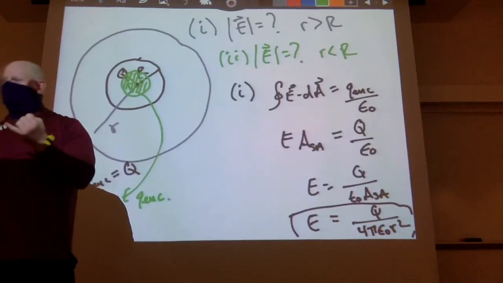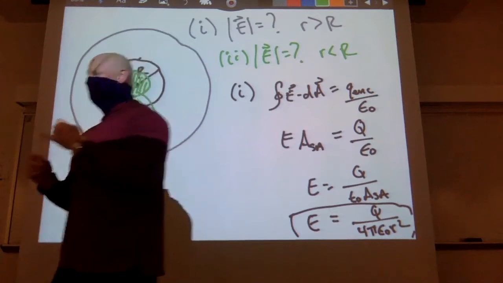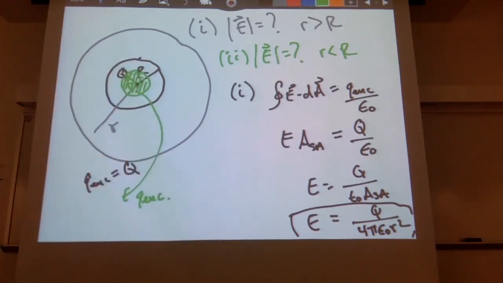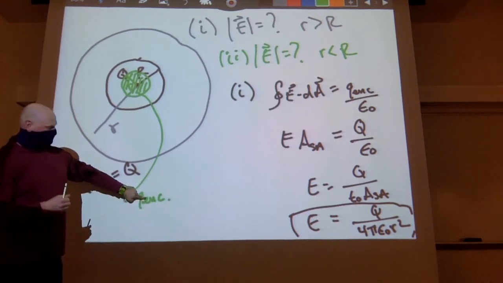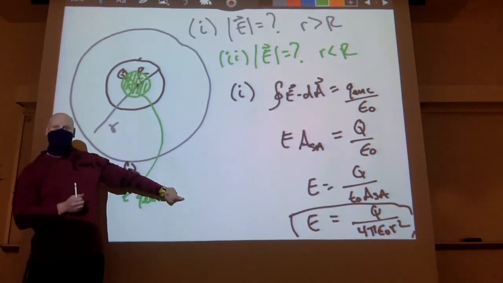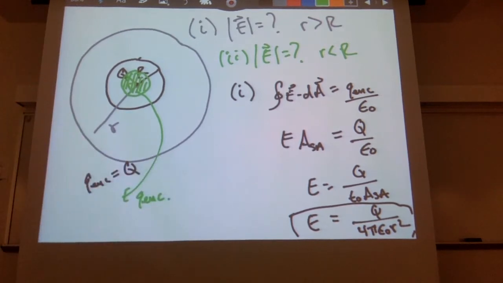We're told in this problem that it's uniformly distributed, which means that the charge per unit volume any place along this sphere is identically the same. Which means that if I want to know the total charge enclosed, I simply have to know the charge per unit volume of the sphere times the amount of volume I have enclosed.